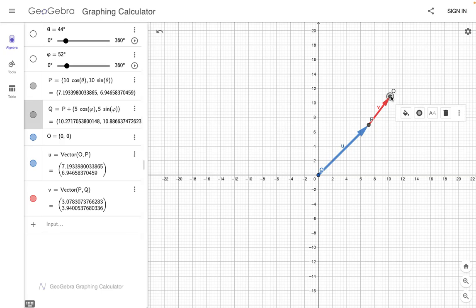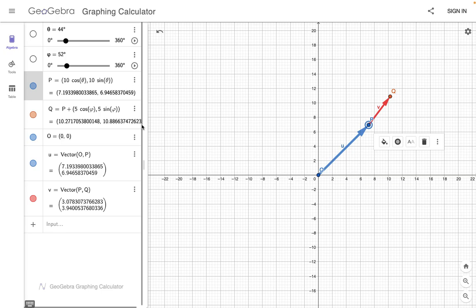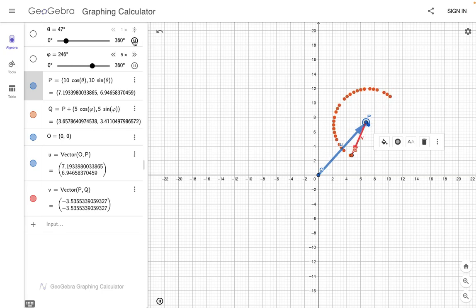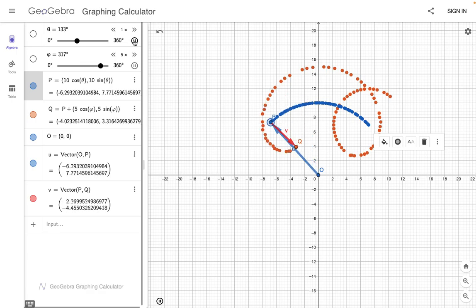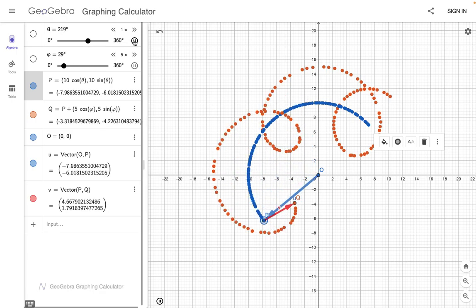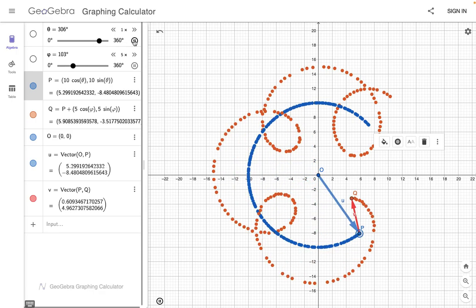Let us give different colors so that we can differentiate their trajectories. Now you can see a nice pattern here.